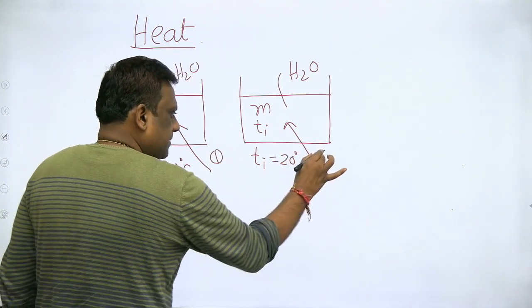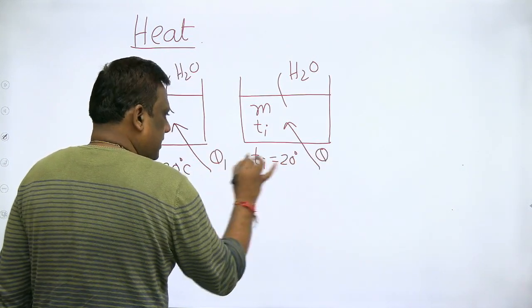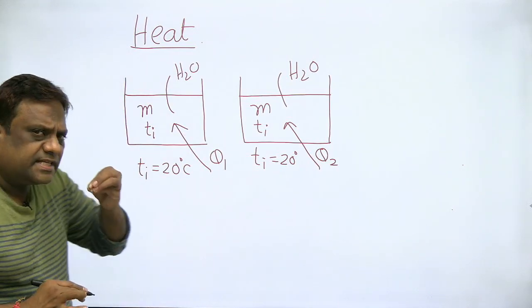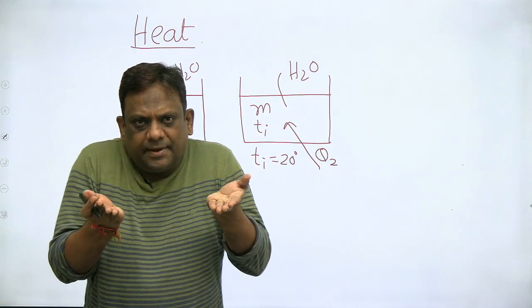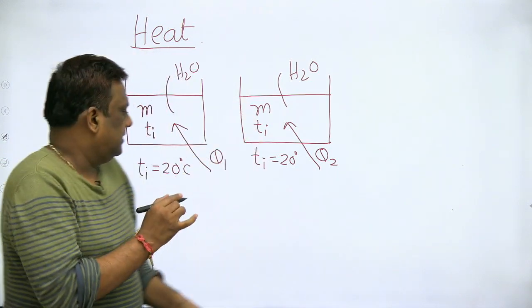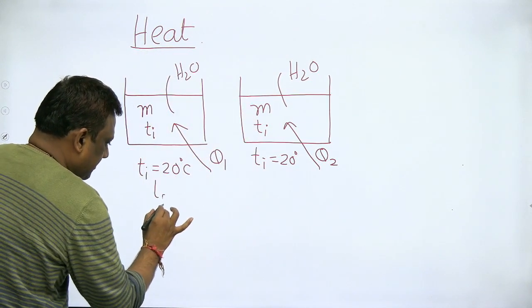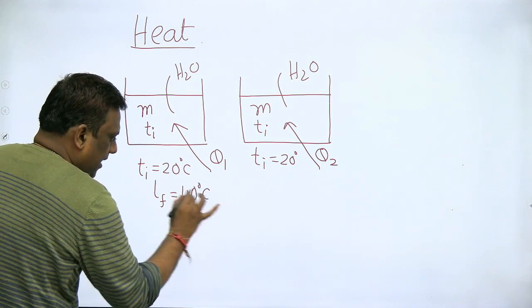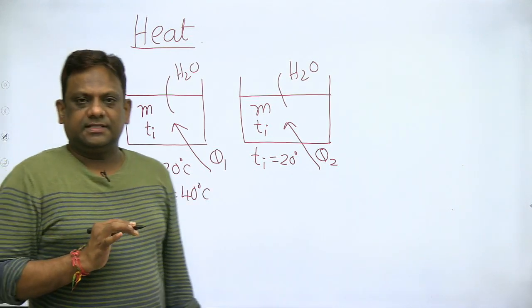Let us say this is 1 and this is 2. Now, when you are supplying heat, the temperature will increase. Let the final temperature here be 40 degrees centigrade.